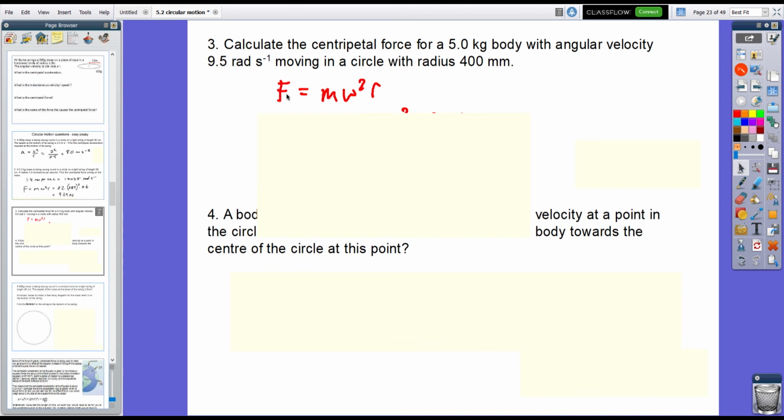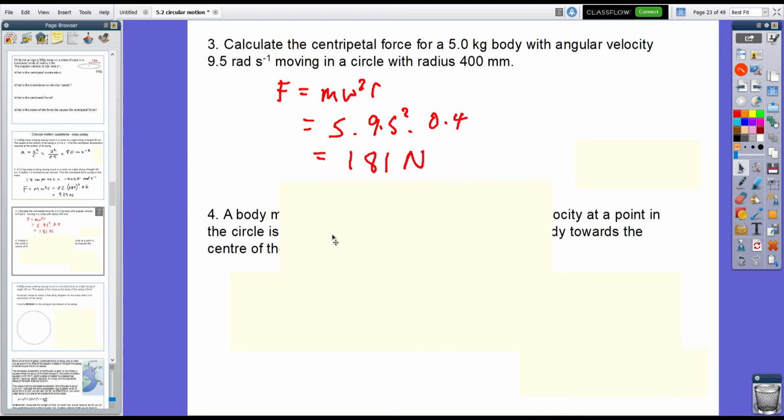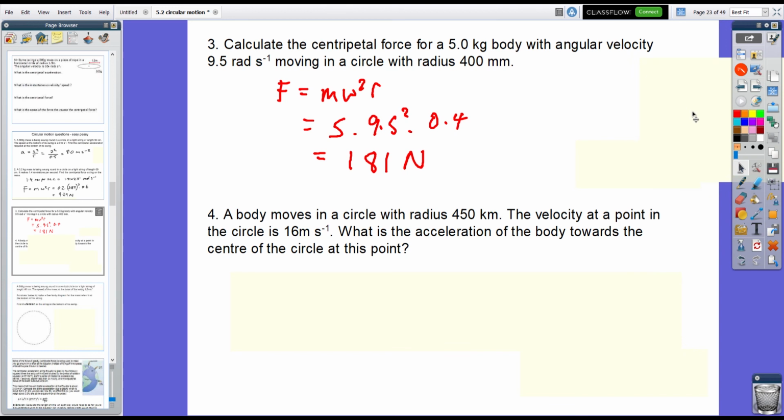This is really just a version of F equals ma for circular motion. Put the numbers in: 5 kilograms, 9.5 radians per second squared, and r 0.04. 181 newtons.